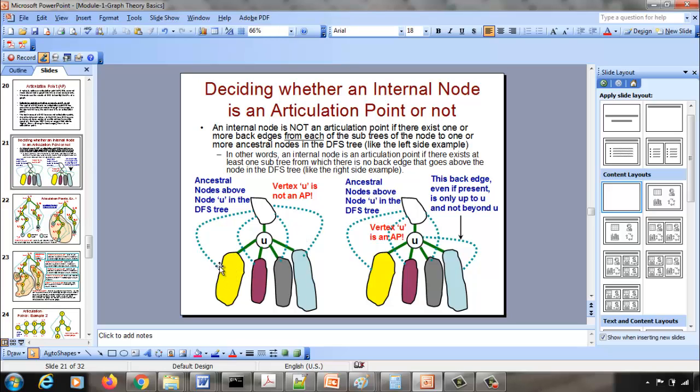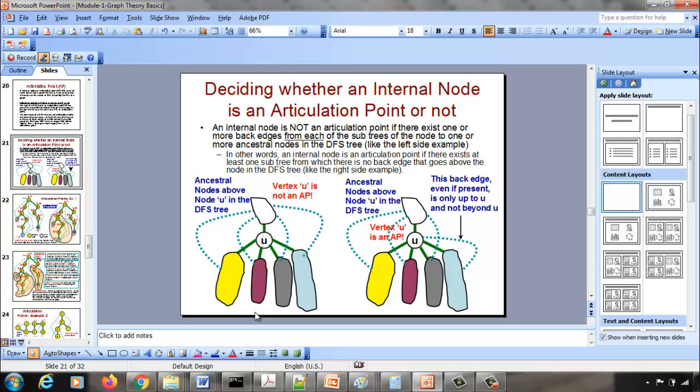Okay, so from this subtree can go to this what's called the predecessor part, and then use the other back edge to come to the other subtree, and so on. So if I remove U and all the edges associated with U, the rest of the graph is still going to stay connected. So U in this case cannot be called an articulation point.